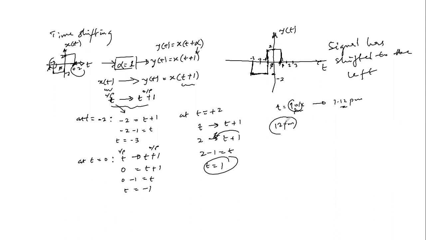It's an earlier time, and this is a later time. So time advance is actually saying that we receive the signal earlier than we transmitted it, because the signal is shifting to the left. This is an earlier time. This is a later time. We can say this is the future here.